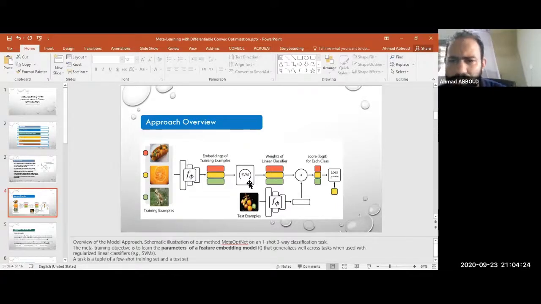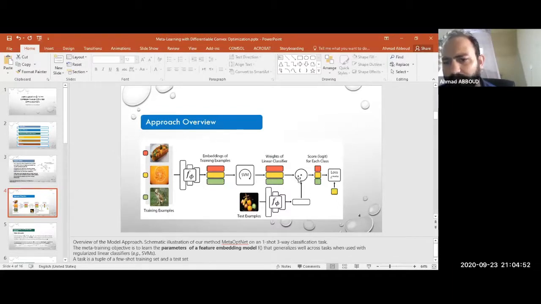However, you can use any classifier which can be a convex optimization problem that could replace the SVM, and we will see that in the next slide. And in this stage, all of this is used for embedding learning.